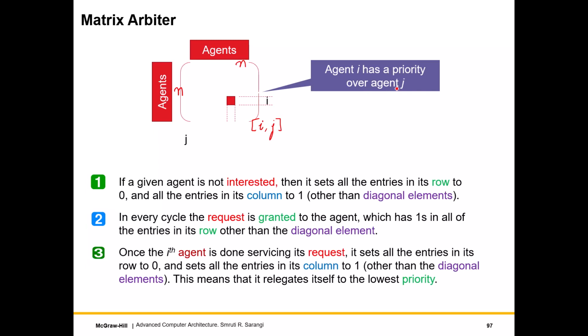So it's the same, agent and request is the same, so it's basically that a certain request has a priority over some other request. The ith request or ith agent, as we are calling, has a priority over the jth request or jth agent.